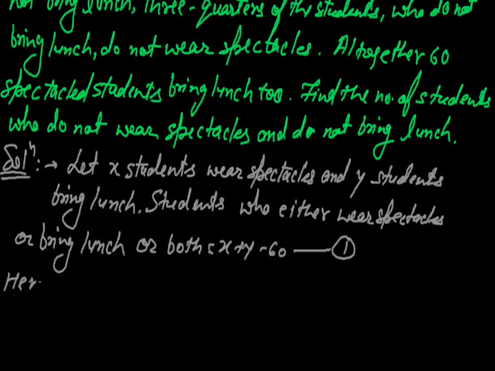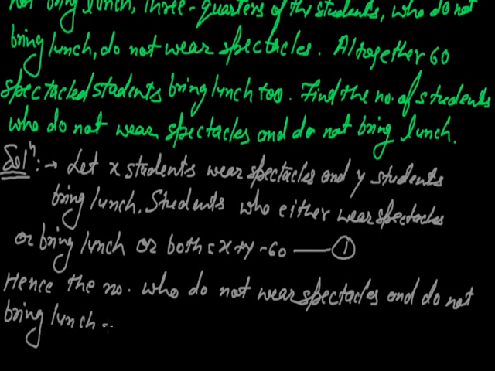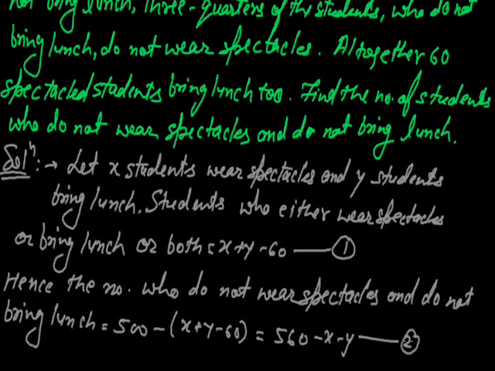Hence the number of students who do not wear specs and do not bring lunch will be equal to 500 minus this total, 500 minus (X plus Y minus 60), that is equal to 560 minus X minus Y. Let it be equation 2.